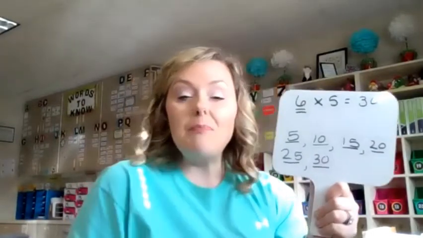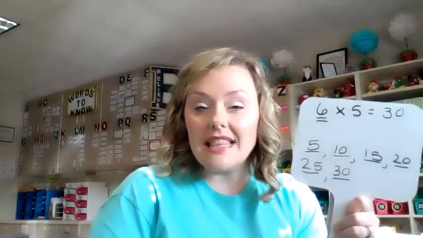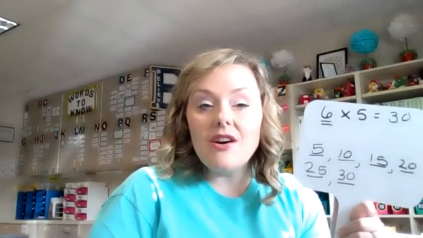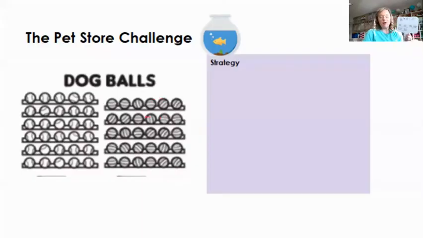So if I go back to my picture, I had 2 different kinds of balls. Looks like there's baseballs, and then it almost looks like pool balls. So maybe they're those squishy ones, you know, the ones that make noise. So if I want to know how many dog toy balls they have, I would need to do 6 times 5 plus 5 times 6.